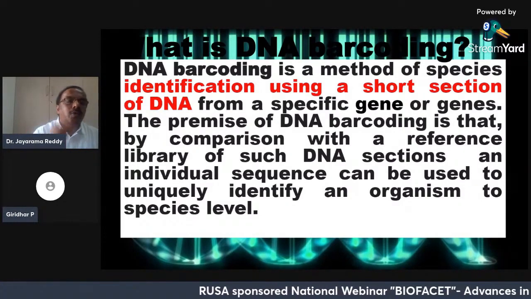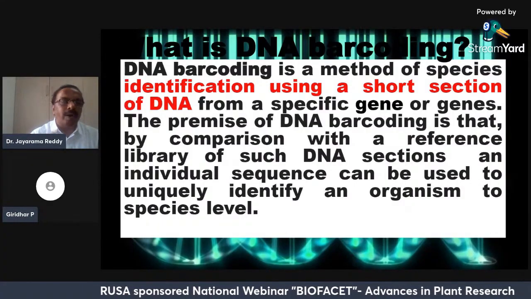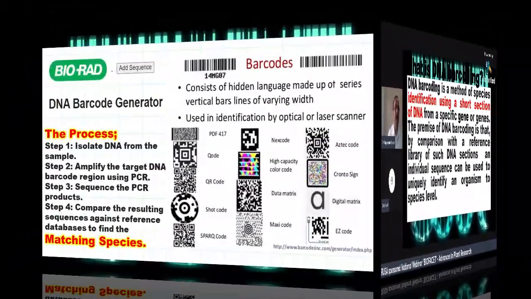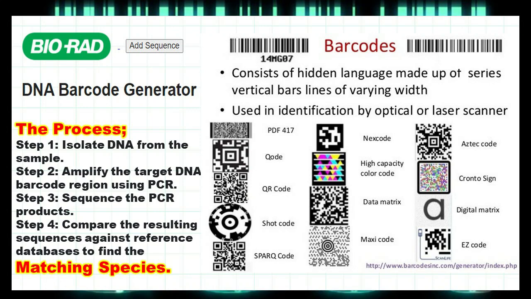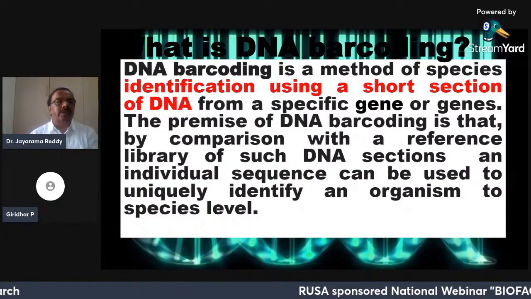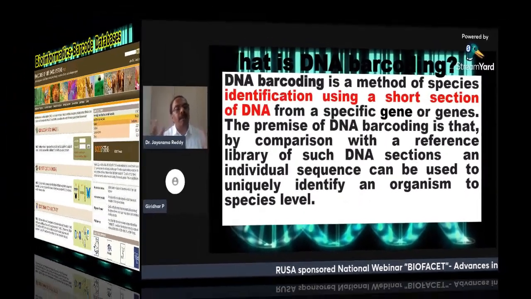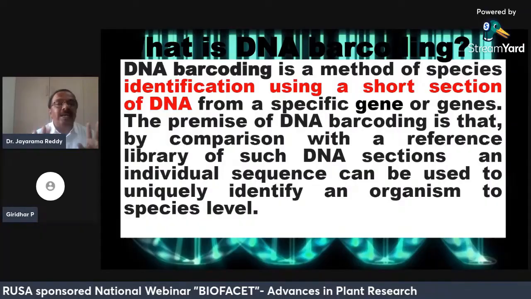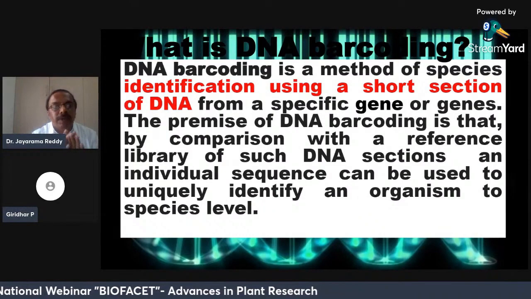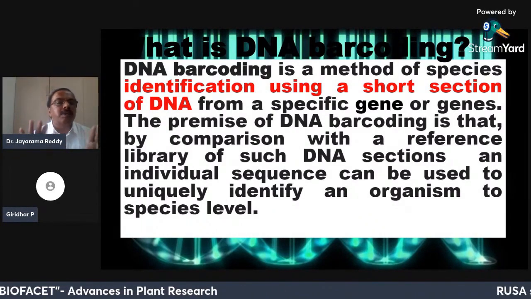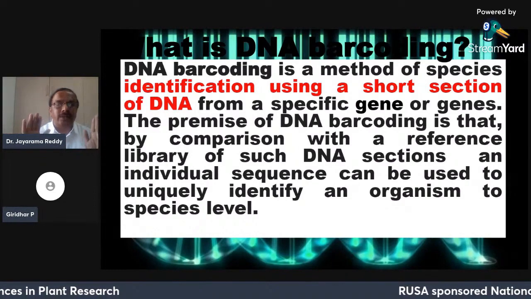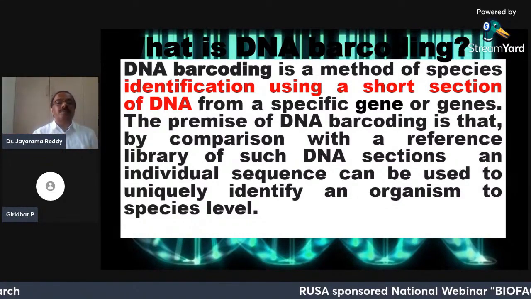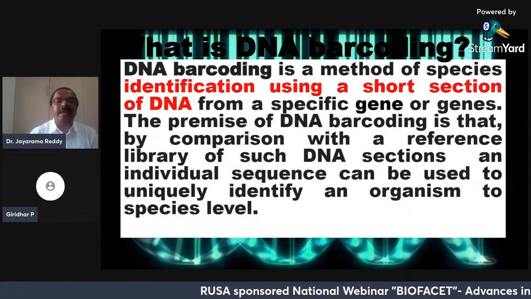Minimum requirement is 2 grams of material, and from that you isolate the DNA, and that DNA you convert into a barcode, and that barcode you compare with the reference barcode available in the database, by the help of which you can identify the plant exactly without much difficulty, without the problems of understanding taxonomy at all. And that is the premise of DNA barcoding.